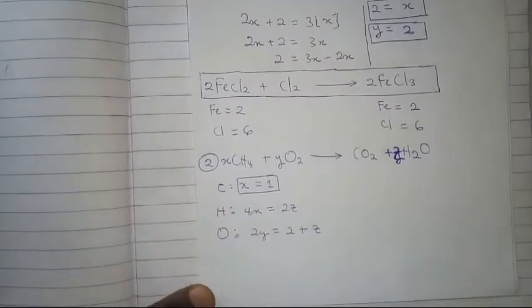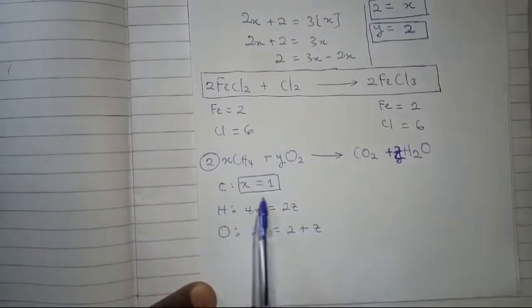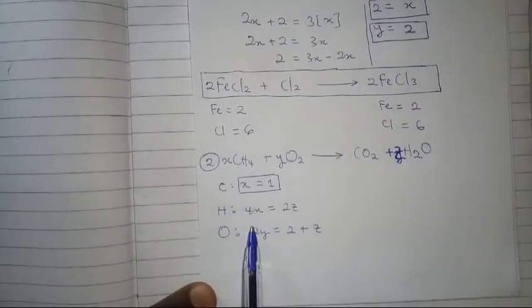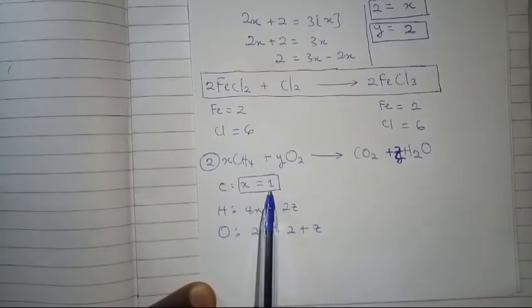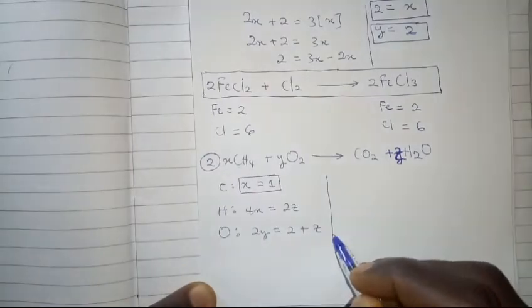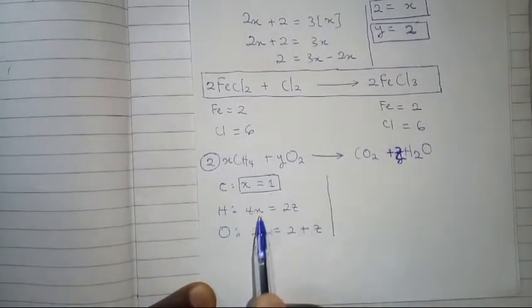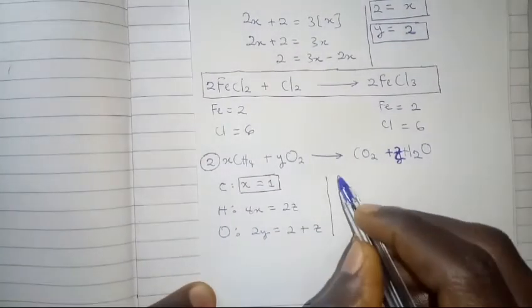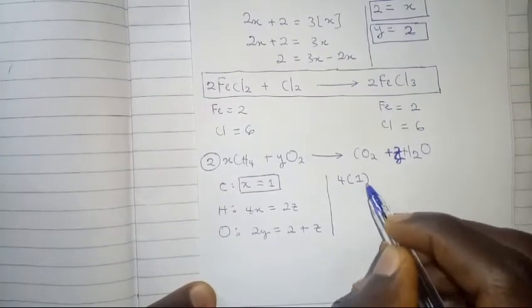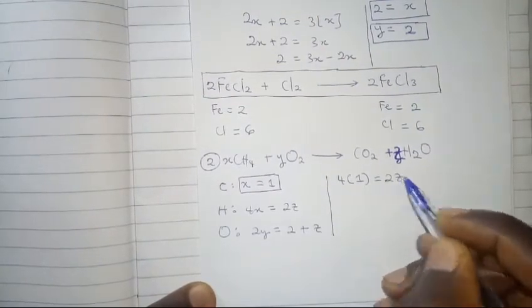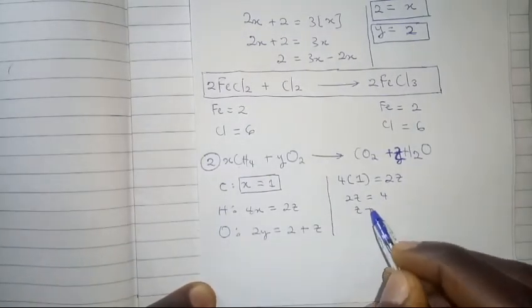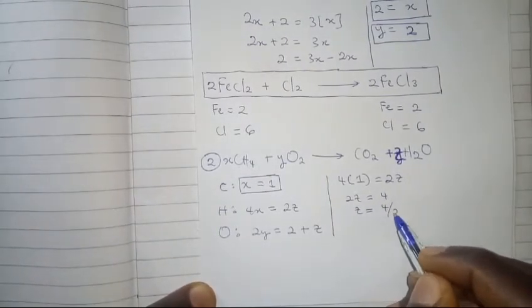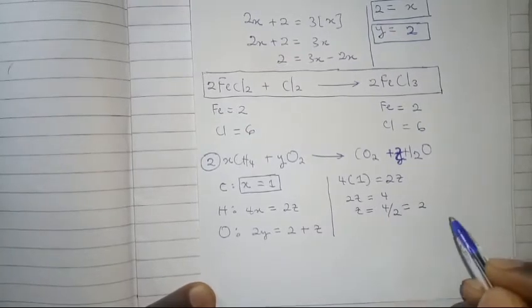Now, for this case, we already have 4x is equal to 2z, but our x is equal to 1, right? So we can now substitute x is equal to 1 for this second place. That's going to be 4 into 1 is equal to 2z, and 2z is equal to 4. That means z is equal to 4 divided by 2, which is 2.